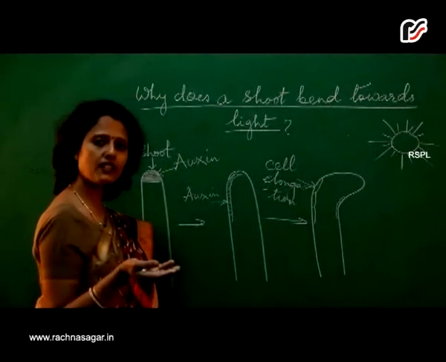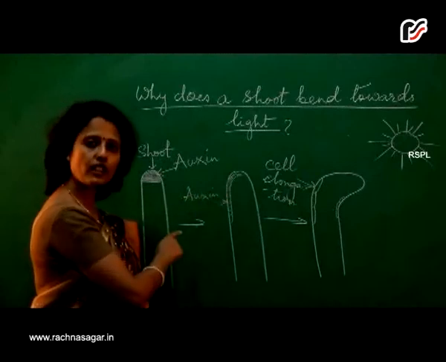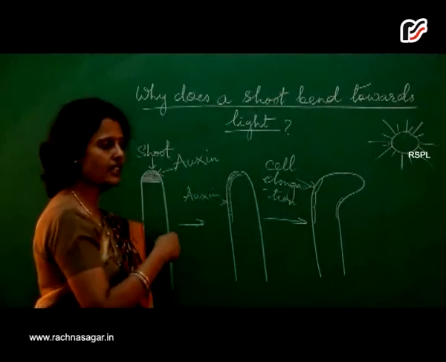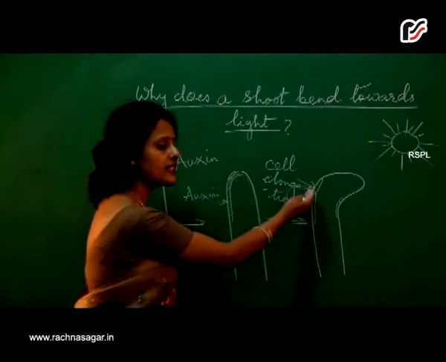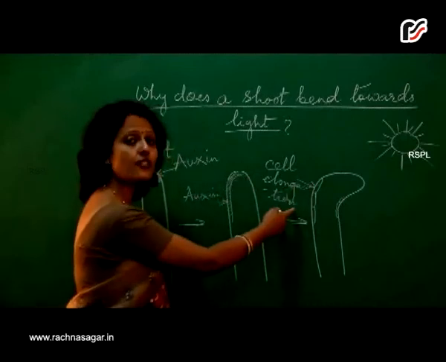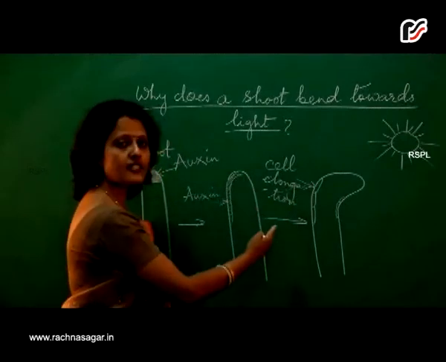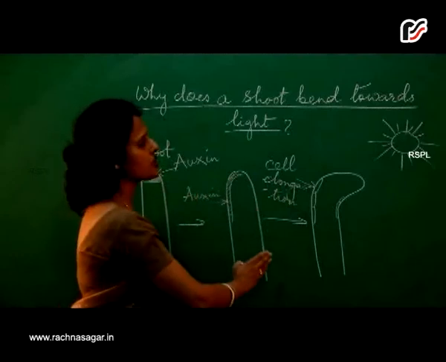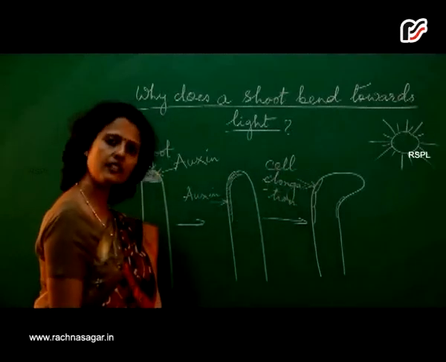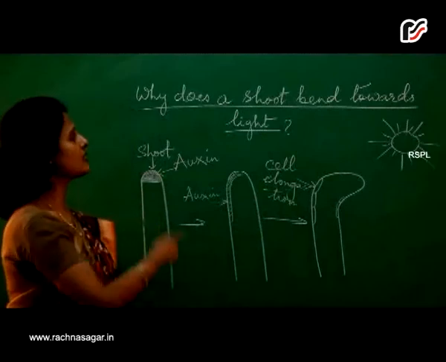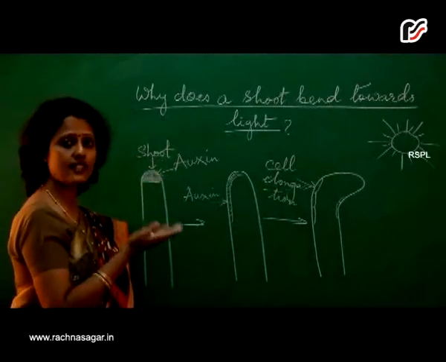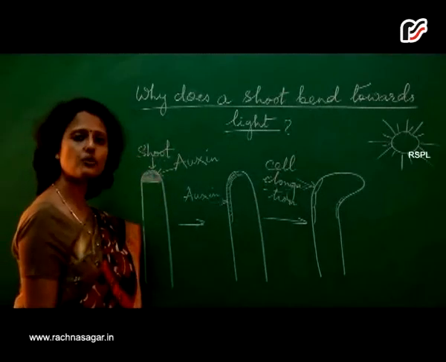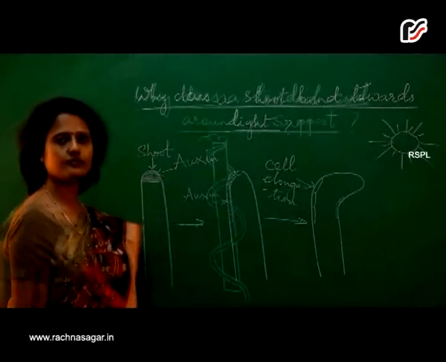So what exactly is happening? Due to light falling on the shoot from one direction, it induces rapid cell elongation on the side which is away from the light source. And as a result, due to cell elongation, the shoot tends to bend towards the light source. So this is the reason why we see and study why a shoot bends towards the light.